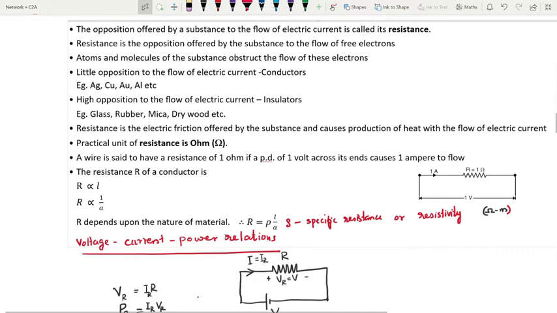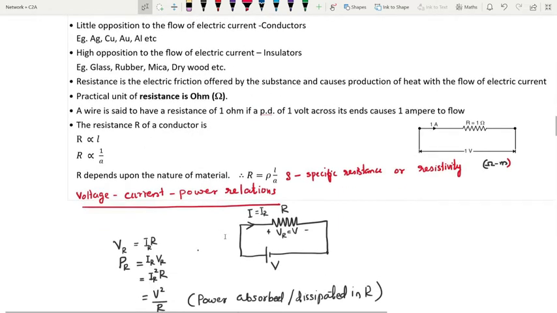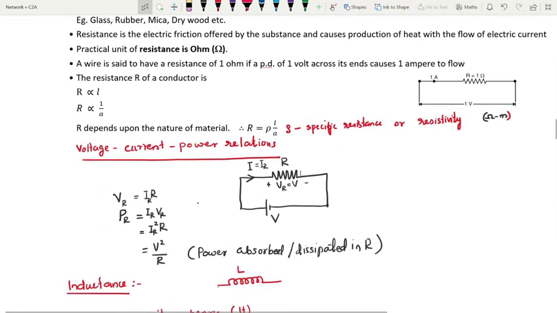Now let's see the voltage-current relationship in the case of a resistor. For that, let's consider a circuit like this. A voltage source V is applied across the resistor R. Here only one current I is flowing. That is the current flowing through the resistor R, represented by IR.